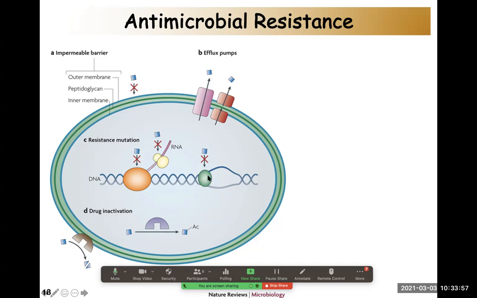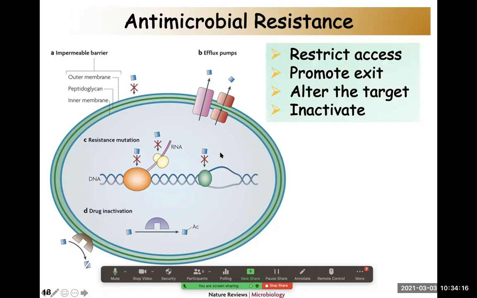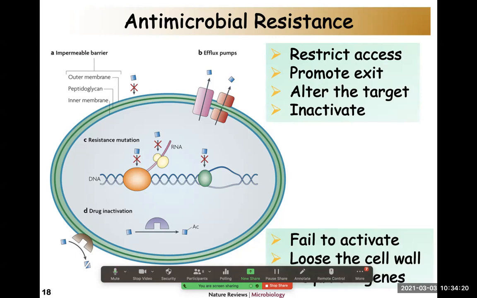And this is a gyrase, of course, opening up the DNA. They can also generate enzymes to inactivate the drug once it enters, or inactivate the drug while on the membrane or inside the periplasm. So it can restrict access, promote exit, alter the target, or inactivate.